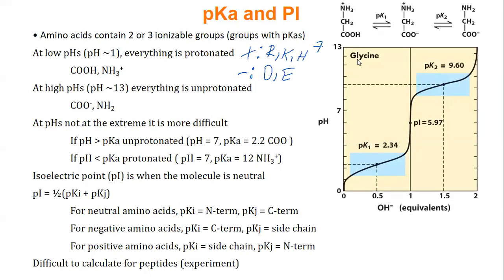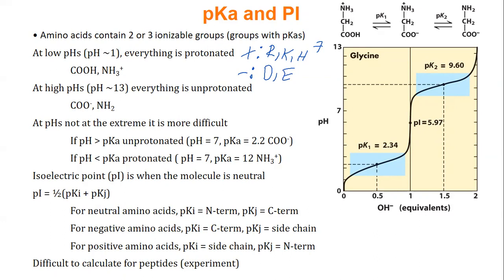Now, at different pHs, our amino acids can take on different charges. And so at low pHs, at pH of 1, everything becomes protonated. So anything that was negative becomes neutral. At high pHs, everything becomes deprotonated.